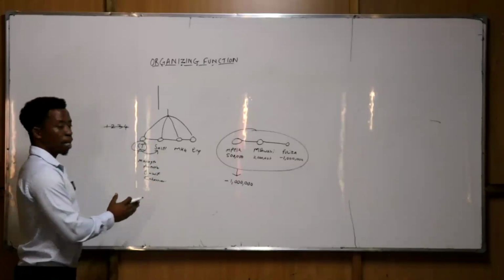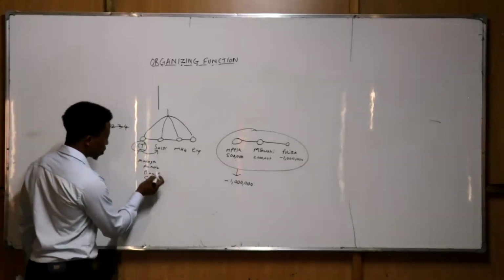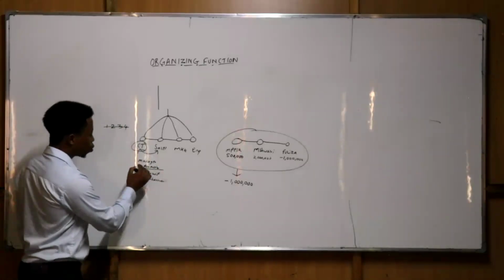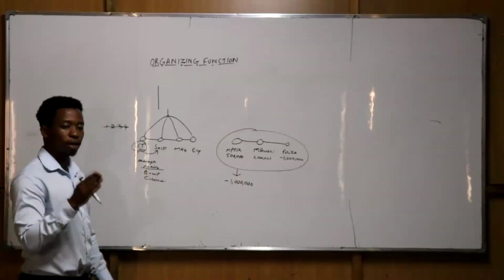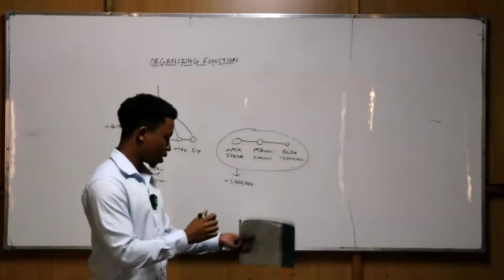So if the manager decides to delegate A, hayuko leo, he will know B nafaa kuangalia kazi yake ni Wi-Fi, C kazi yake ni hardware.